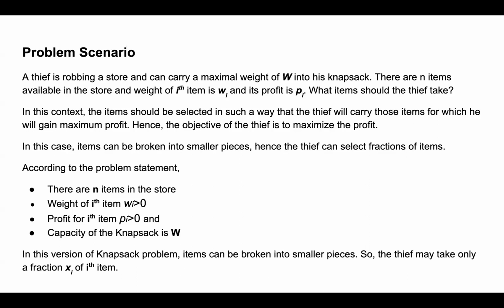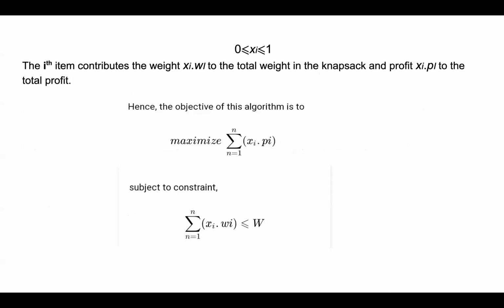Okay. Now we will see how we are going to take this in mathematical form. Mathematical form मध्ये आपण हे कसं डिझाइन करणार आहोत? The ith item contributes the weight xi into wi. Yes, it is correct. Ith item weight will be xi into wi to the total weight.